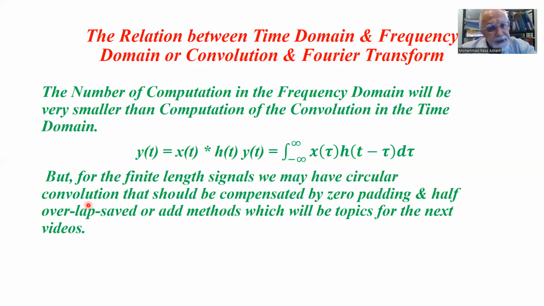That should be compensated by zero padding and the overlap-save or overlap-add method, which is the topic for the next video. And this is what I wanted to tell you: finding the Fourier transform of a finite length signal and the relation between the frequency domain and time domain.